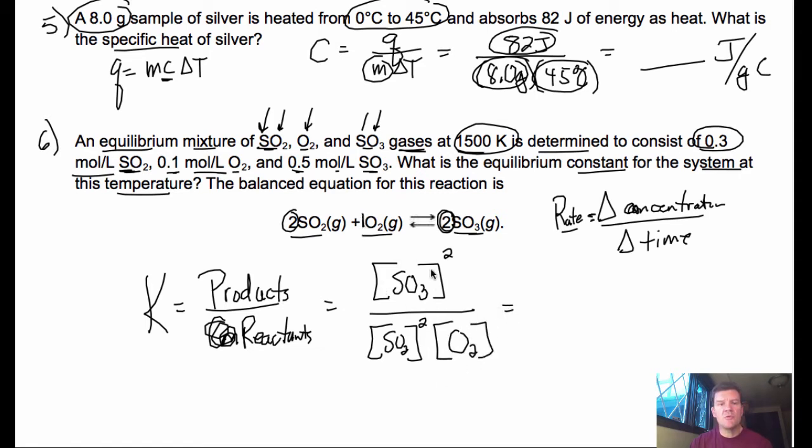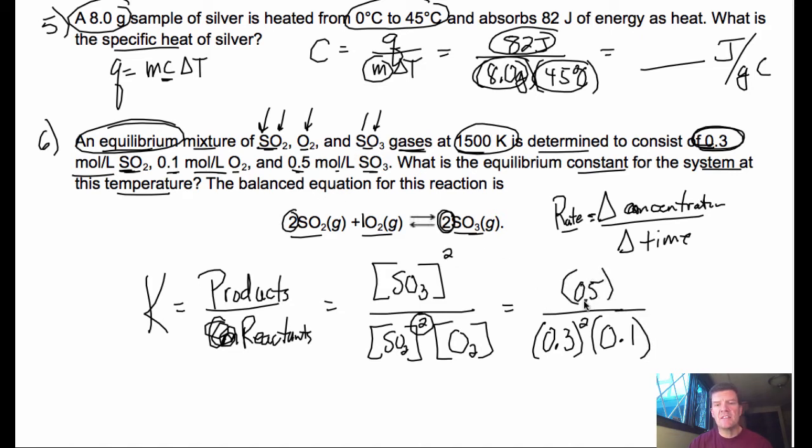And then all you do, that's the expression. And if you're given these concentrations at equilibrium, it has to be at equilibrium. We are given the concentrations. 0.3 for the SO2, that's in the denominator. It's going to be 0.3 squared. Oxygen is 0.1. And then the SO3 is 0.5.